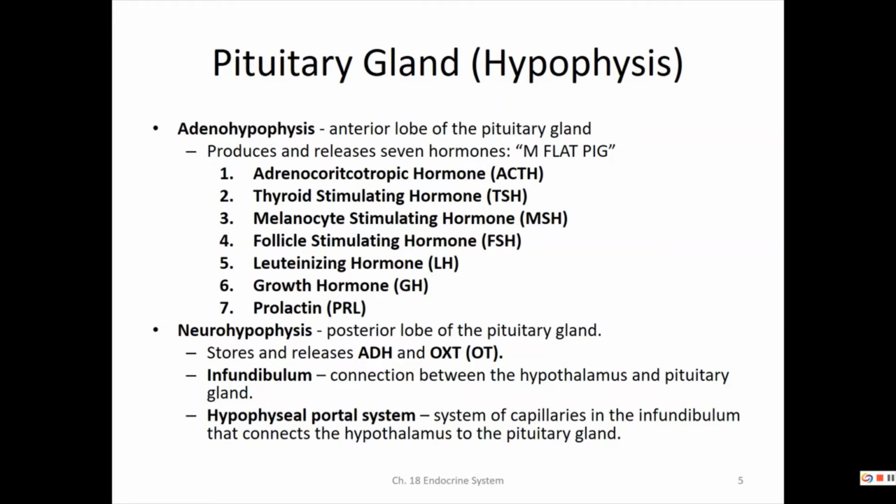Luteinizing hormone, LH. That's the one, for example, in males, I said it makes men like hairy apes. It causes us to release our sex hormones, our testosterone. Growth hormone makes you grow, and prolactin makes milk produce.